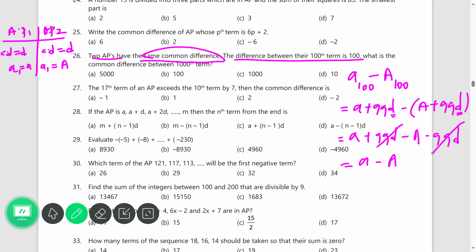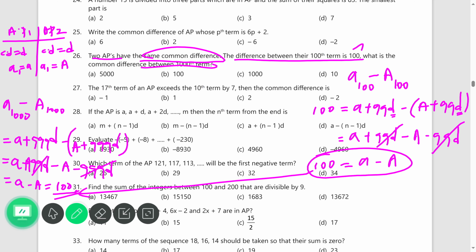Multiply the negative inside: a plus 999d minus A minus 999d. These cancel, then a minus A equals 100, which I am using here. So the 100th term difference is 100, and the 1000th term difference is also 100.